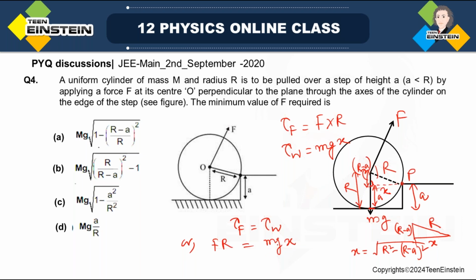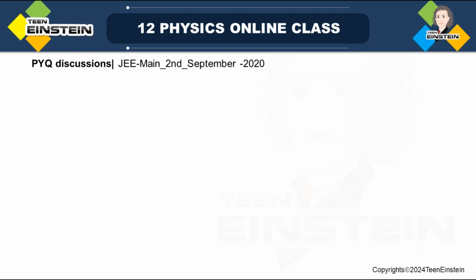Okay, so this I'll write here. So if r is equal to mg, in place of x I'll write the square root of r square minus (r minus a) whole square. So what will be the force?